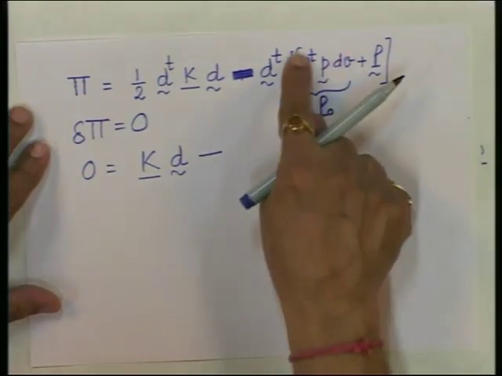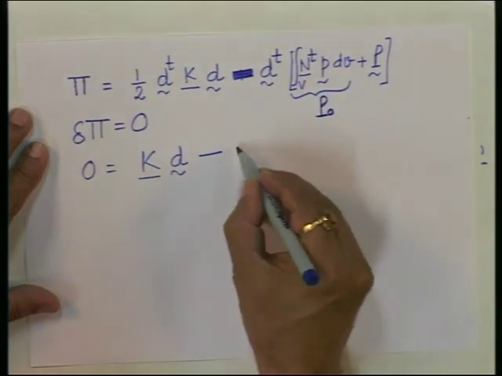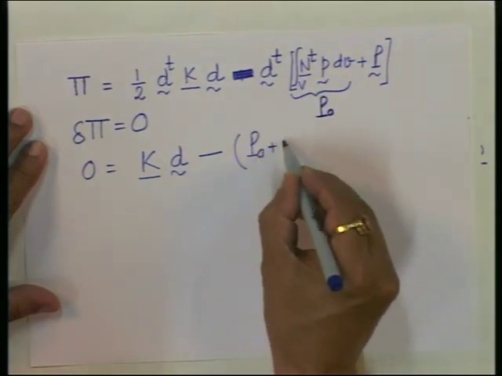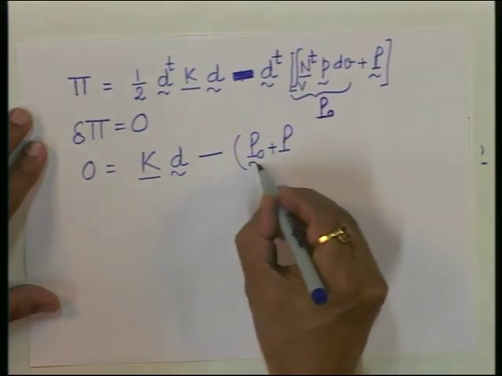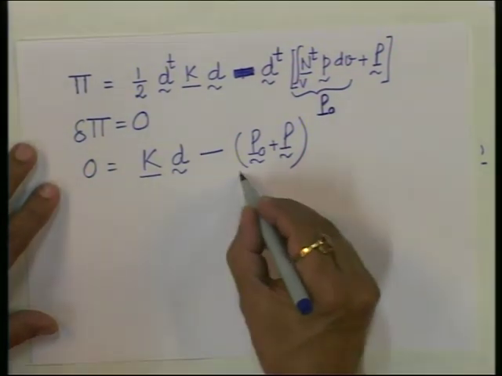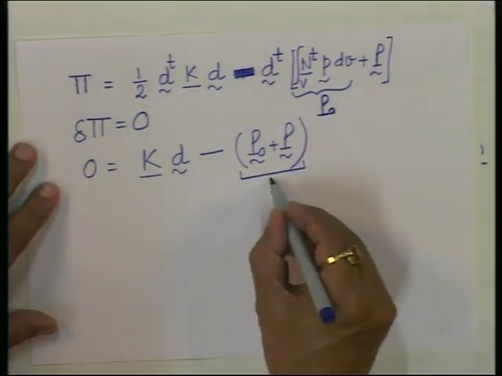So, you get here P_0 plus P, and call this F.